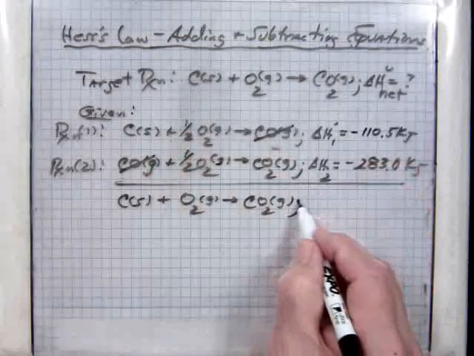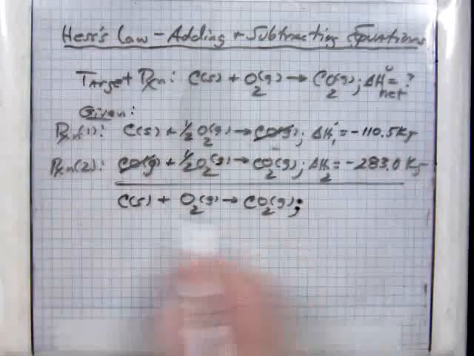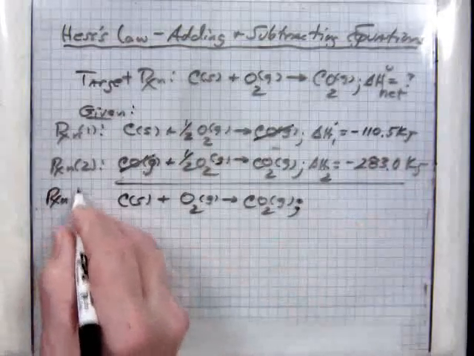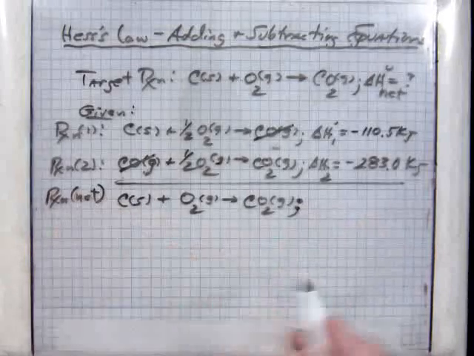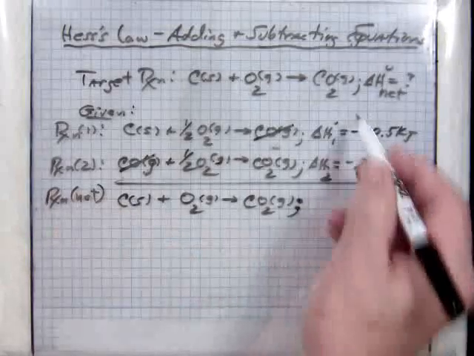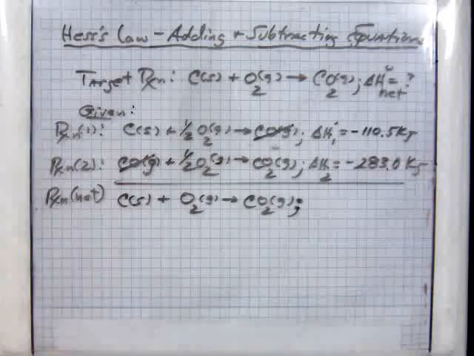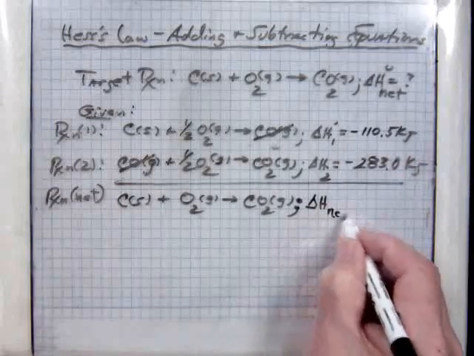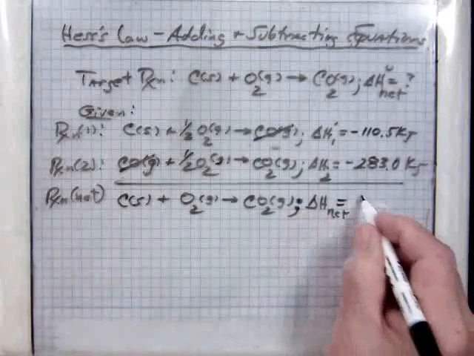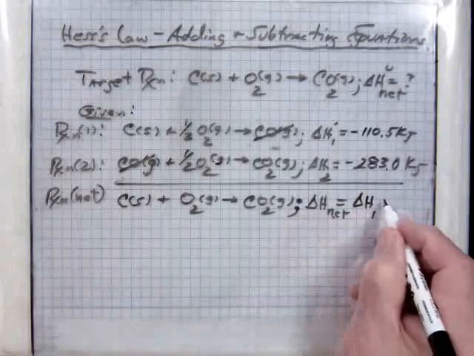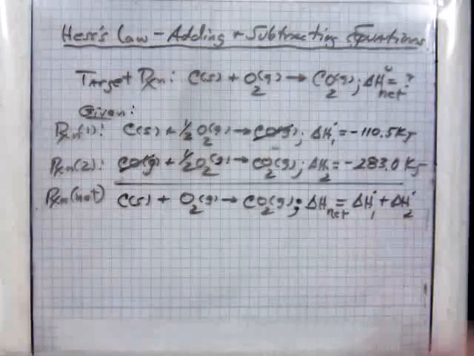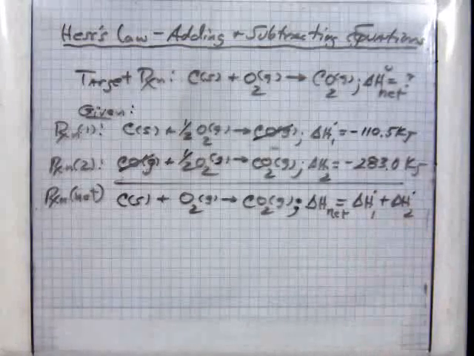So we've achieved that. Now, the reaction here for the net reaction is the algebraic sum, I should say, of those two numbers. So the delta H net is equal to the delta H1 plus delta H2 under standard conditions, shown here.